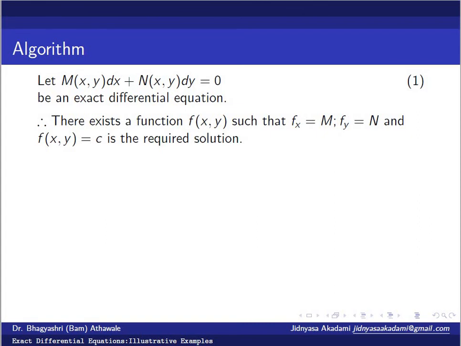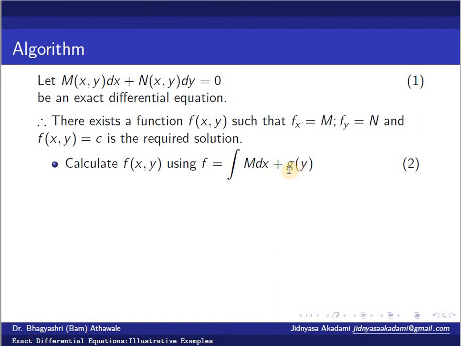Now as per our proof, since ∂f/∂x is M, to find f we integrate this M with respect to x. Since we are integrating with respect to x, any function of y can be treated as a constant. So my f is the integration of M dx plus g(y).